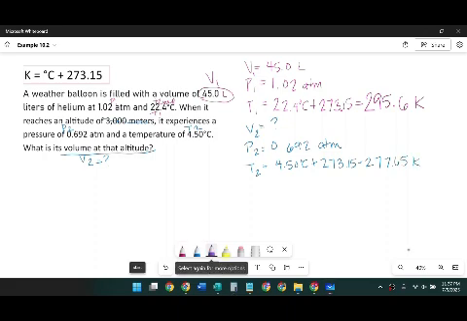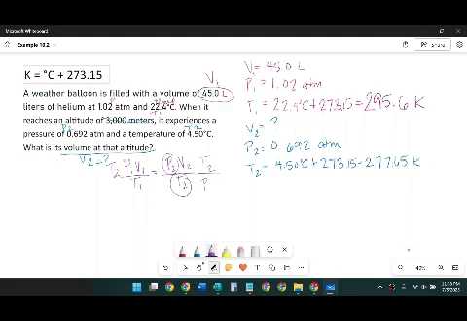So let's write our equation that we're working with. We have PV over T equals PV over T. And before we start plugging these in, I'm going to go ahead and rearrange this. So this will get multiplied by both sides on the top, and this will get multiplied or divided on both sides on the bottom. So now we're ready to fill it in because these have canceled out. So we can solve for V2.